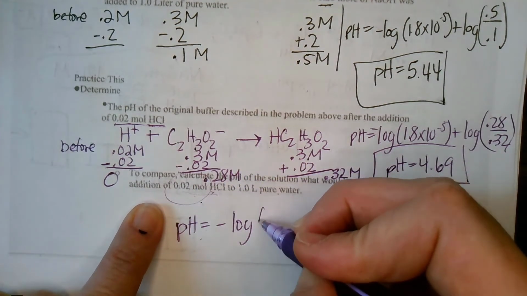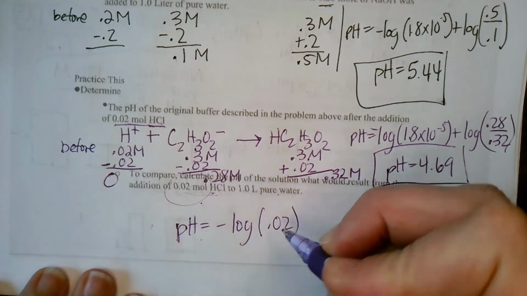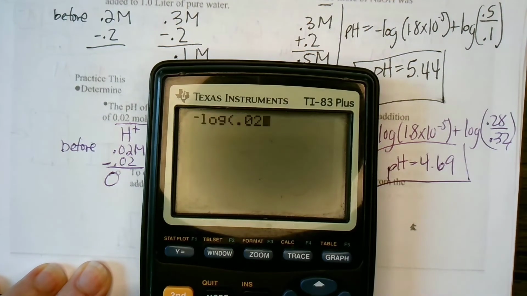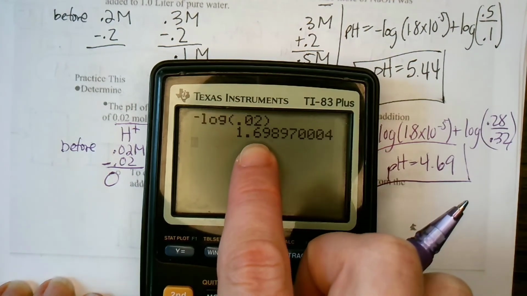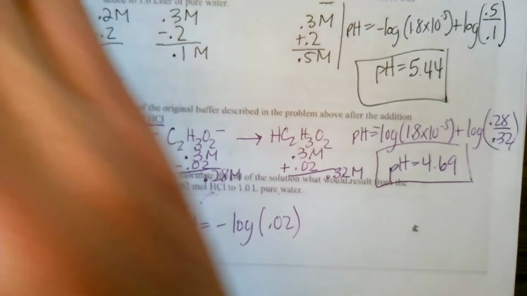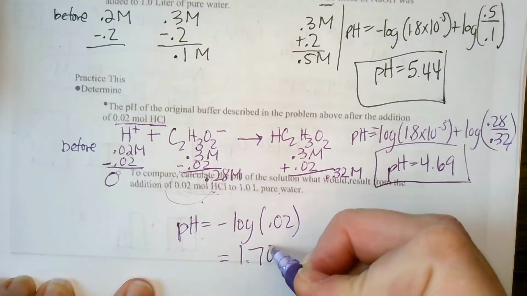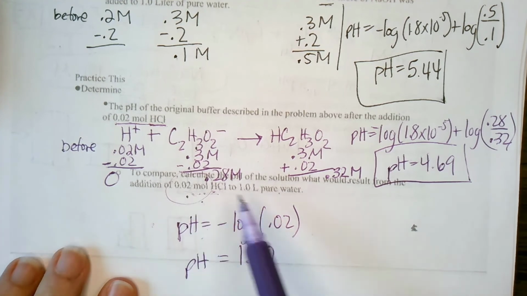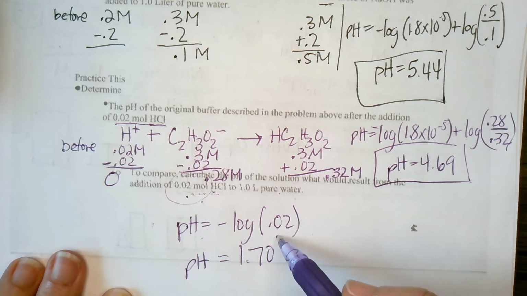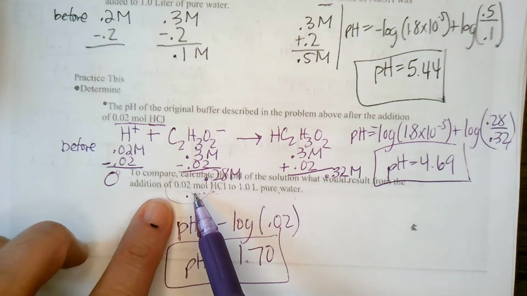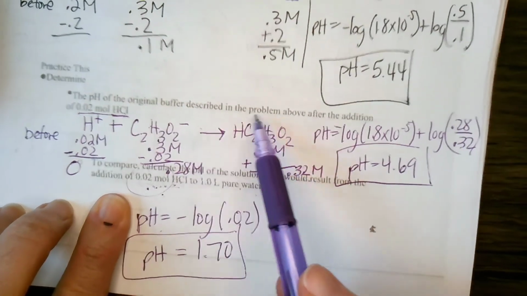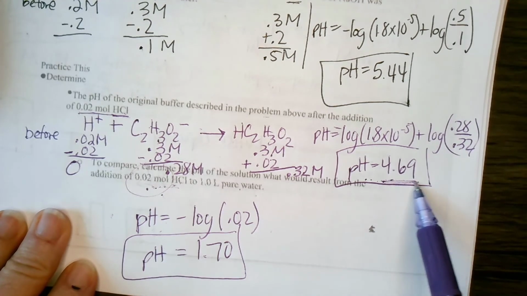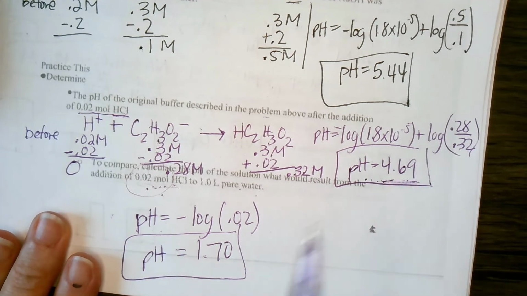So negative log of 0.02 would give us 1.70. So if we took that same amount of HCl and put it in pure water, it would have a pH of 1.70. Putting that same amount of HCl into a buffered solution only changes the pH a little bit, giving it a pH of 4.69.